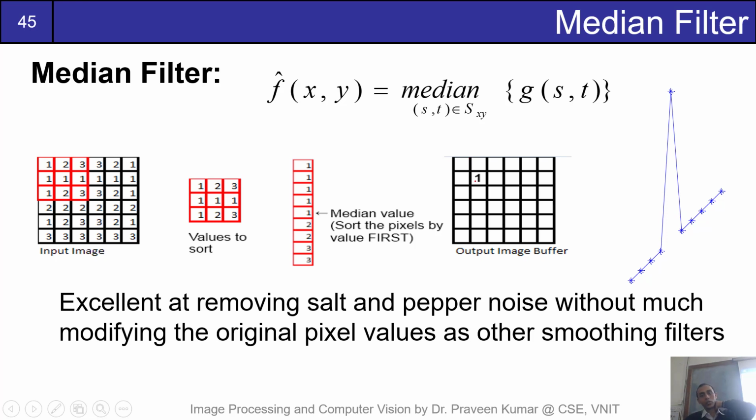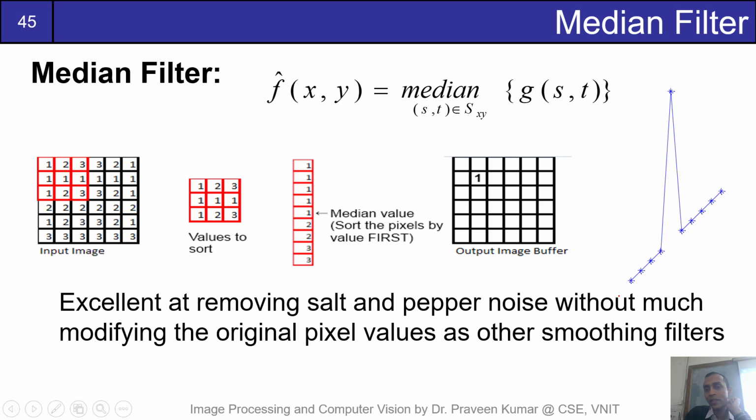So this will take care of both salt and pepper noise, because if there is salt and pepper noise in that neighborhood, after sorting it will settle either at the bottom or the top, and the middle values will be your original image values, and that will be retained.